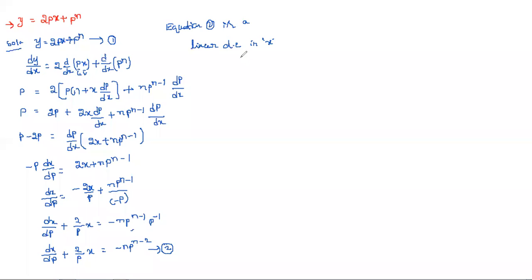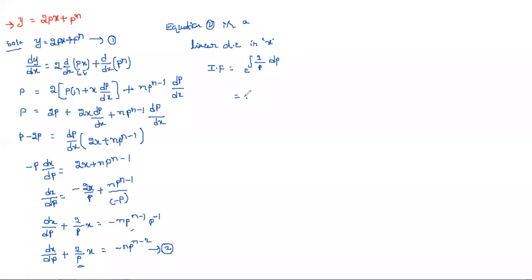Now you need to follow the linear differential equation procedure here. So what is the first step? First you need to find the integrating factor. Integrating factor is equal to e power integral. If you observe, it is in terms of p here. So for that we need to take 2 by p dp.